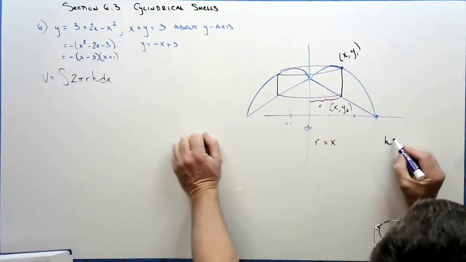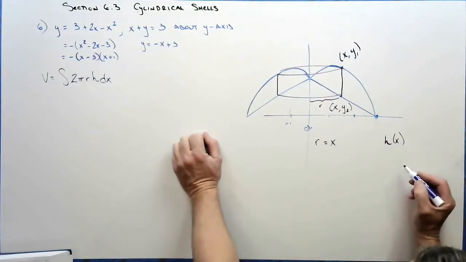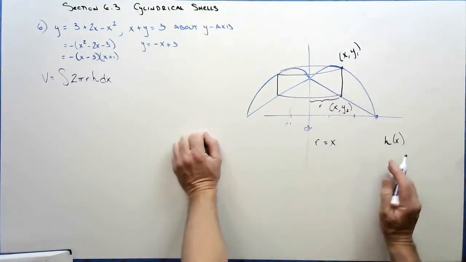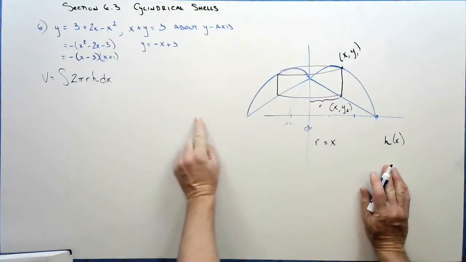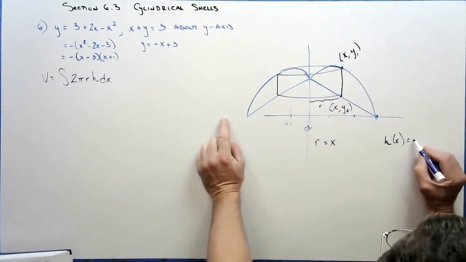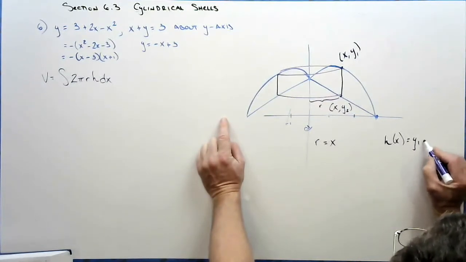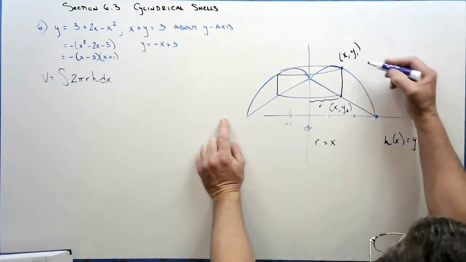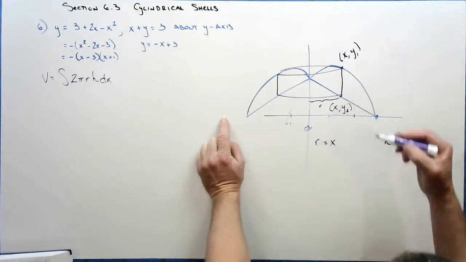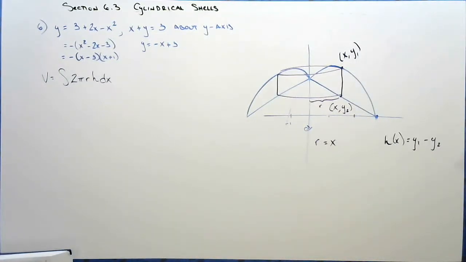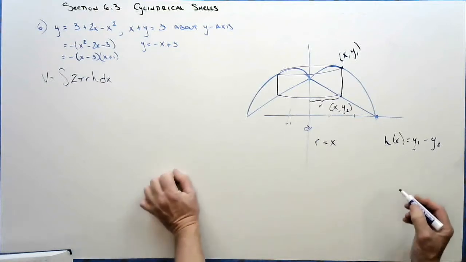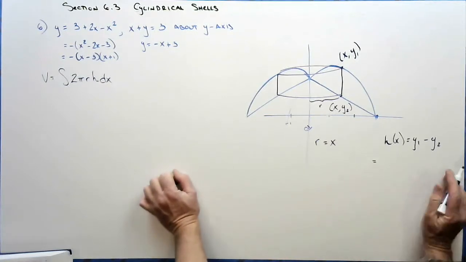Now, our function h is supposed to be a function of x, right? Because we're integrating with respect to x. So we have y sub 1 minus y sub 2. This y value minus this y value gives us our height. But those are not functions of x, so we need to simplify those.